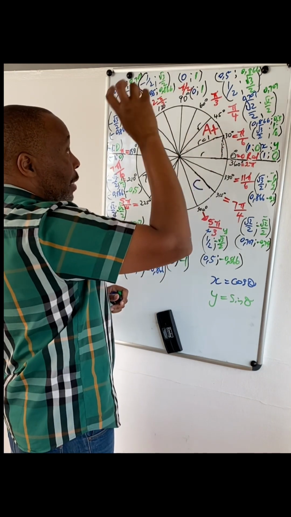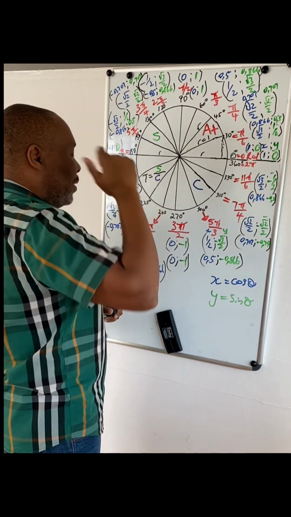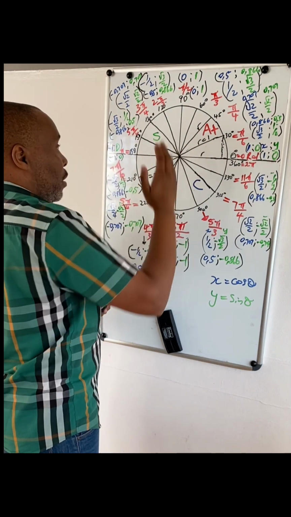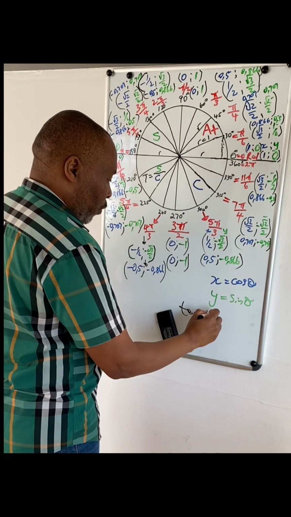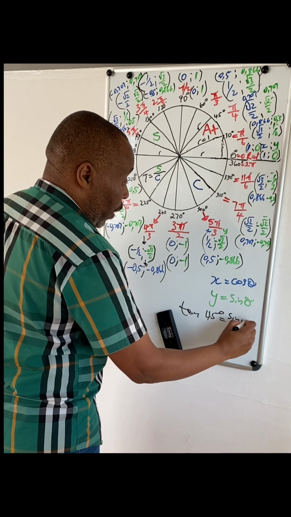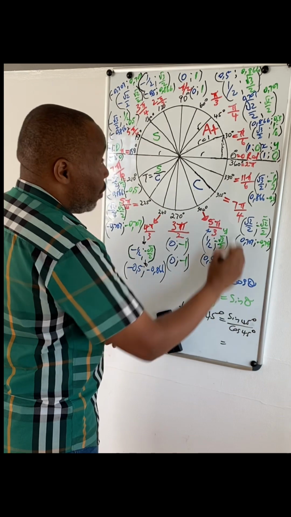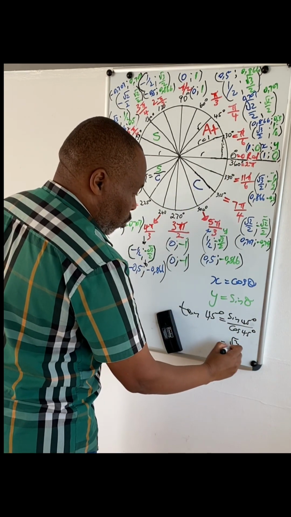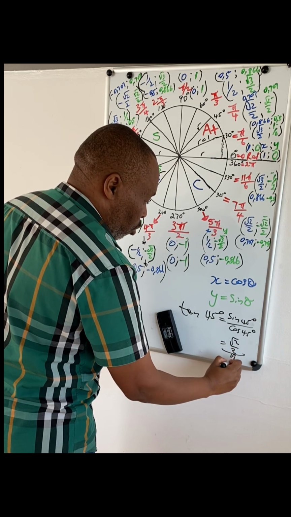Why in the first quadrant? Because all of them, cos, sine, tangent, are positive in the first quadrant. So if I say tan 45 degrees, it will come out positive, because tan is sine 45 degrees over cos 45 degrees. Sine 45 is root 2 over 2, and cos is root 2 over 2.